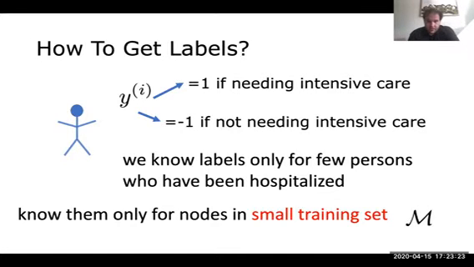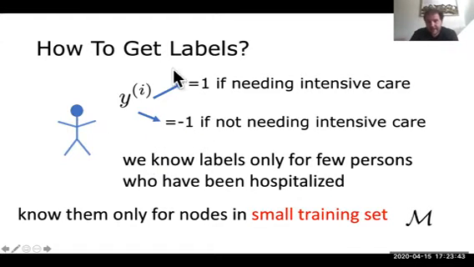But in order to learn such a method, or how to design such a method, we need to have some information. We need to know something about individual, or at least some persons. So we need to know for some persons if they will need intensive care or not.